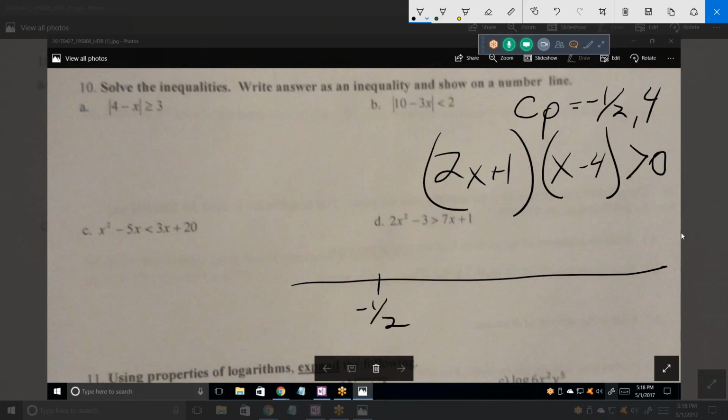To the left of negative 1/2, that was negative, which made that positive.